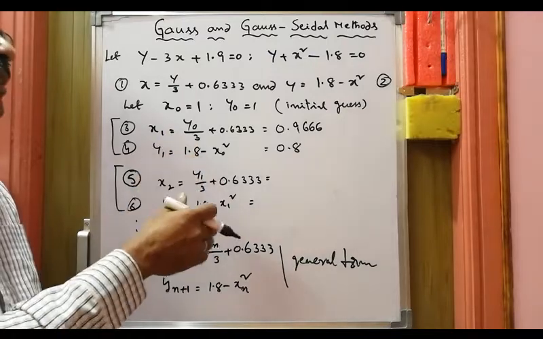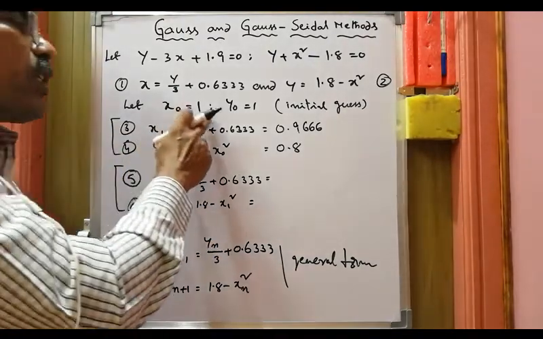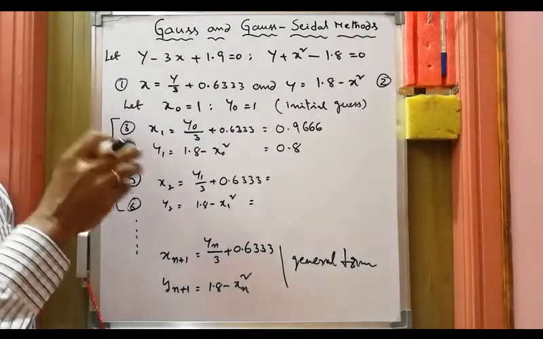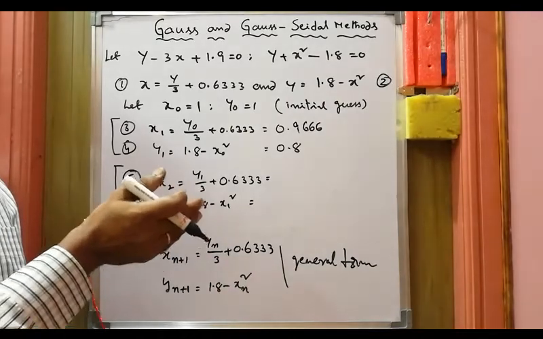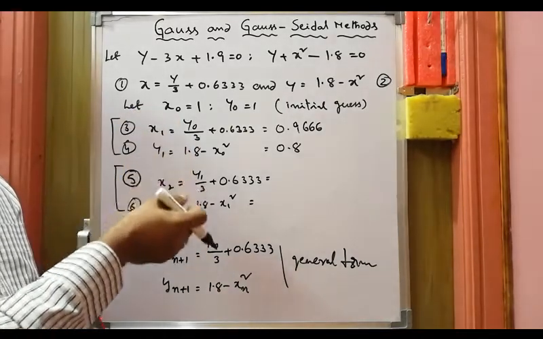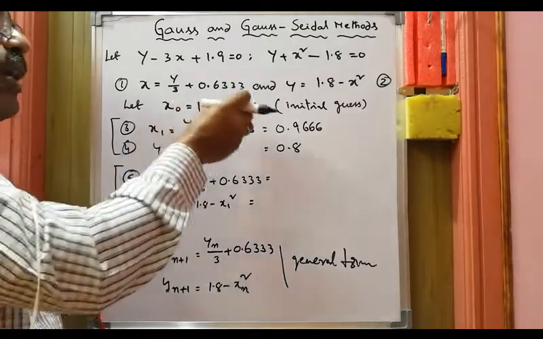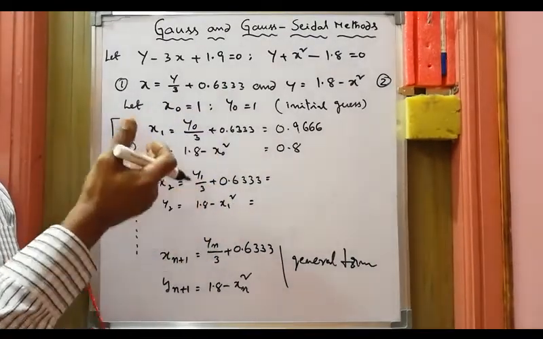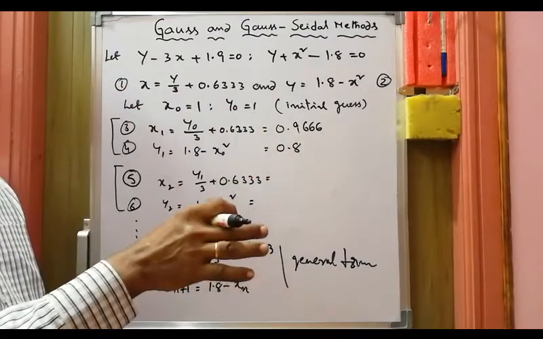How many iterations normally does it require? That depends on the initial guess values. If you can guess the values properly, close to the actual solution, then you may end up with fewer iterations. Suppose x is 1, y is 1 is the solution.